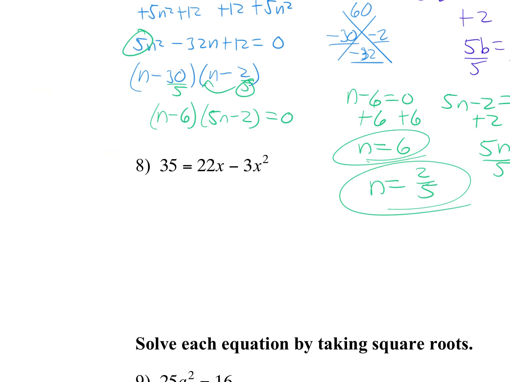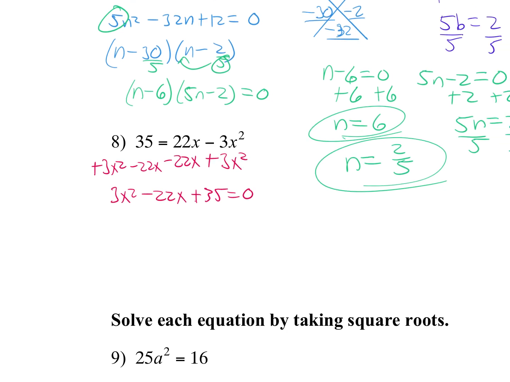Then I go with the next one. Again, I'm going to add the 3x squared and subtract the 22x. So I'm going to add 3x squared minus 22x, then you get 3x squared minus 22x plus 35 equals 0.